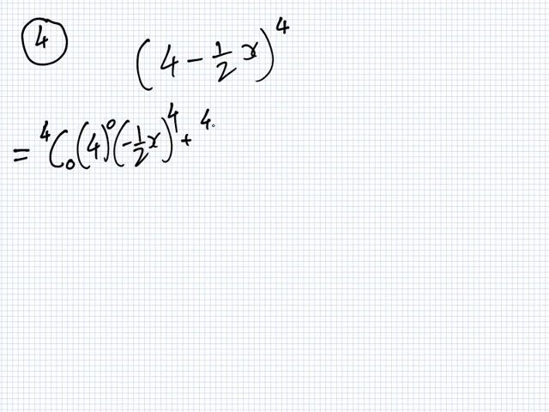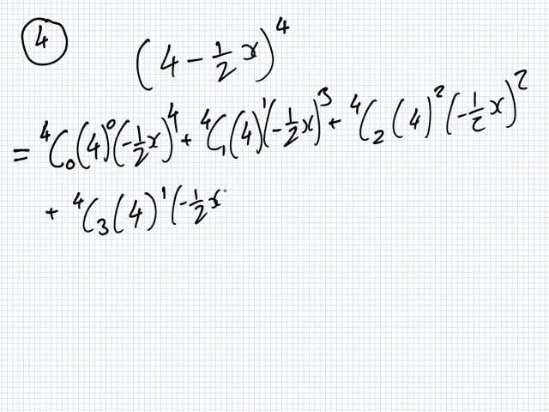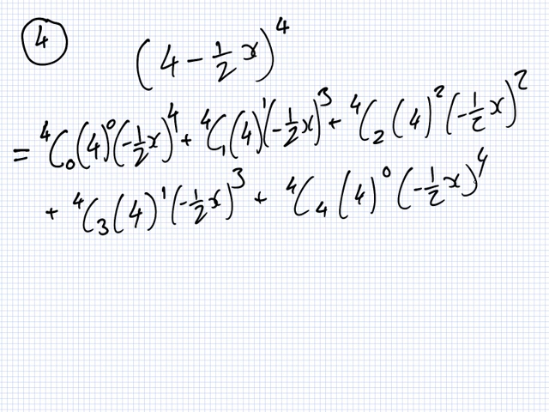And then it's 4c1 1 minus a half x 3 plus 4c2 2 minus a half x 2 plus 4c3 1 minus a half x cubed plus finally 4c4 0 minus a half x 4. So let's get the calculator out to do this.